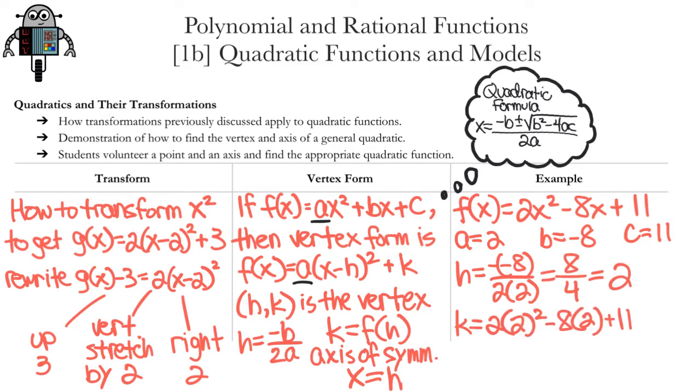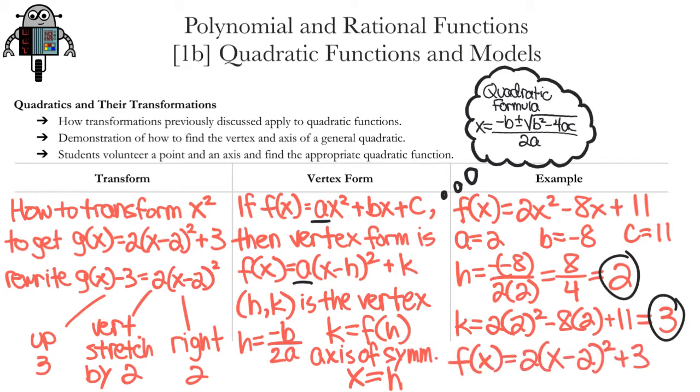Plugging 2 into the function, we get k equals 2 times 2 squared minus 8 times 2 plus 11, which is 8 minus 16 plus 11, which is 3. So the vertex is 2, 3, and we could rewrite our function as f of x equals 2 times x minus 2 squared plus 3.